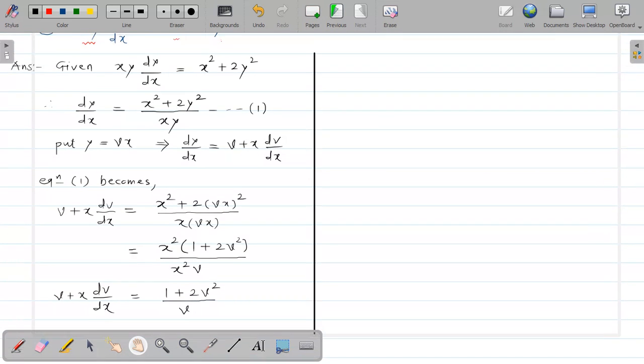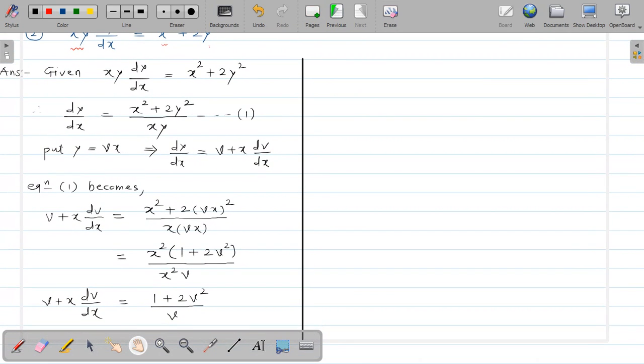Okay, now after this substitution and getting this expression, now we have to use the variable separable method. So x into dv by dx is equal to, just you transfer that v to the right hand side, and hence you will get (1 plus 2v square) upon v minus v, and then cross multiply this, then you will get (1 plus 2v square minus v square) upon v.